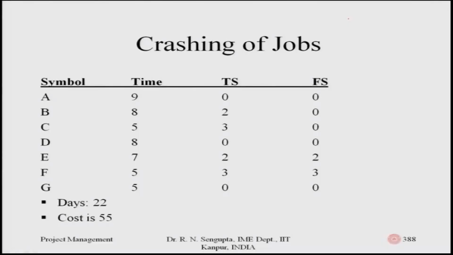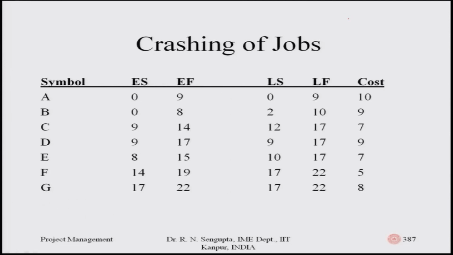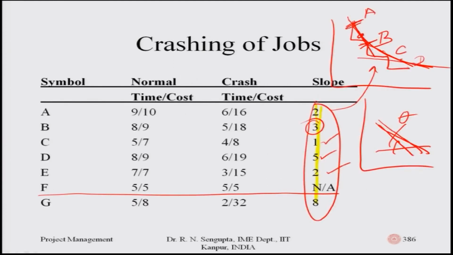So, if I go back to the last slide, it gives me the early start, early finish, late start, late finish, the cost, and the normal times. Normal times are 9 plus 8 is 17, 17 plus 5 is the total value, which would not match with the answer, because I am going to come to that.